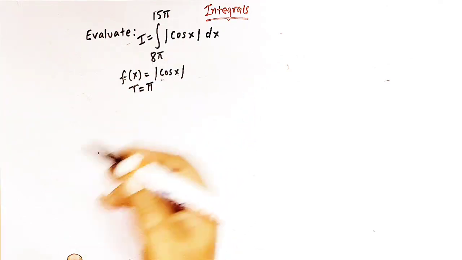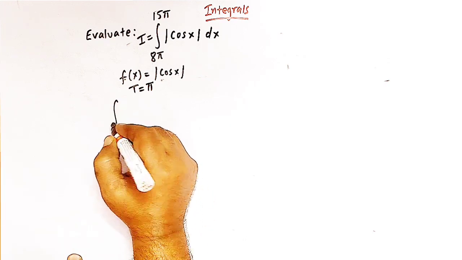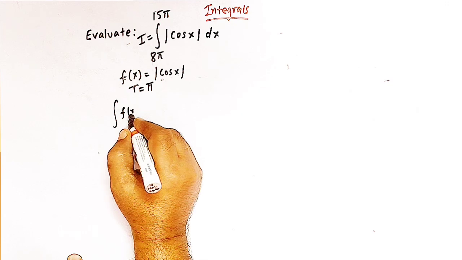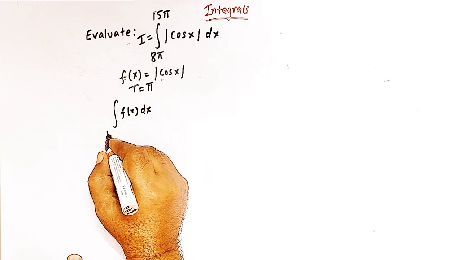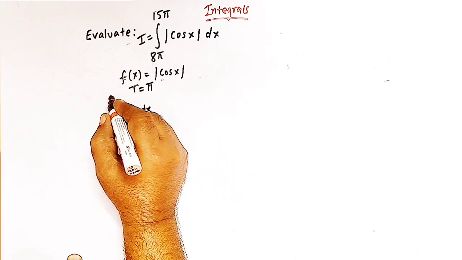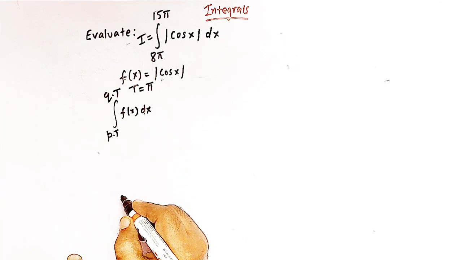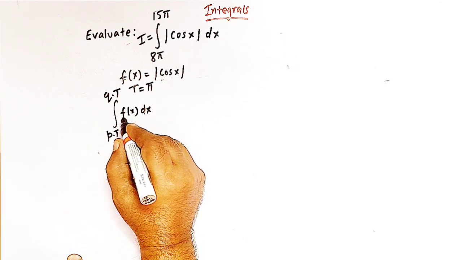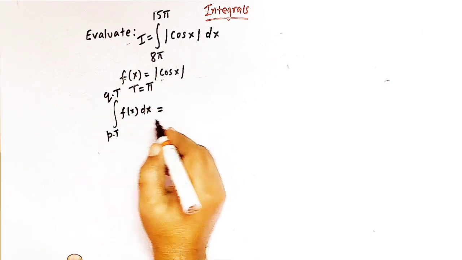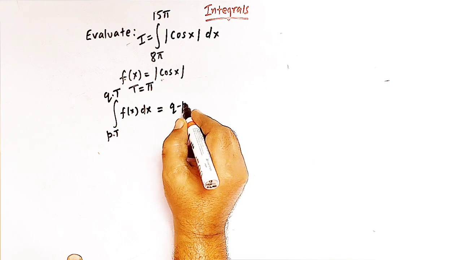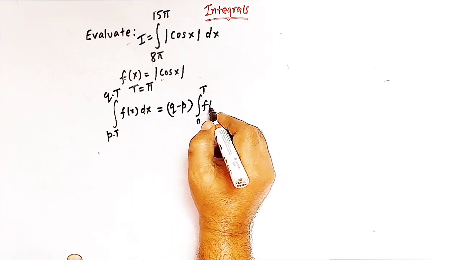From an important property of definite integrals, we know that if we have a periodic function f of x dx, and the lower limit is p times t, and the upper limit is q times t, where p and q are some integers and t is the period of this function f of x, then the value of this integral is given by q minus p times the integral from 0 to t of f of x dx.